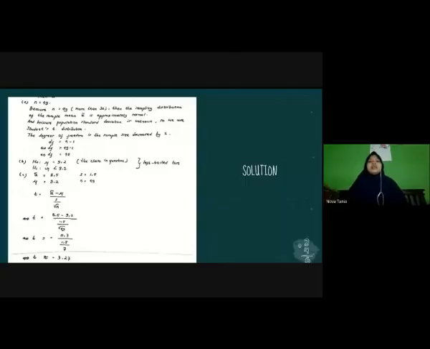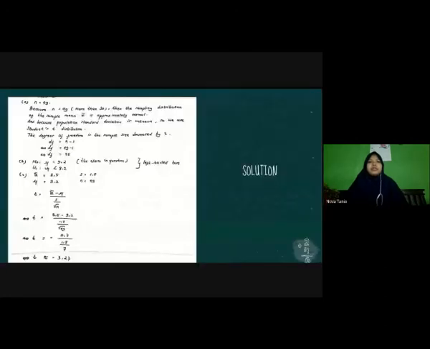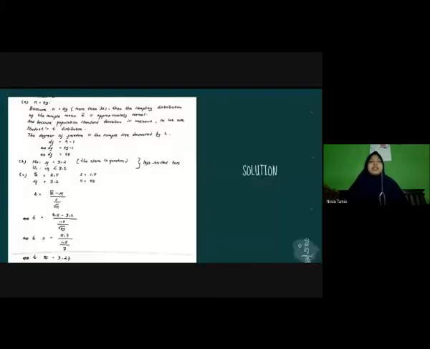So df is equal to n minus 1, 49 minus 1, and we get df equal to 48.